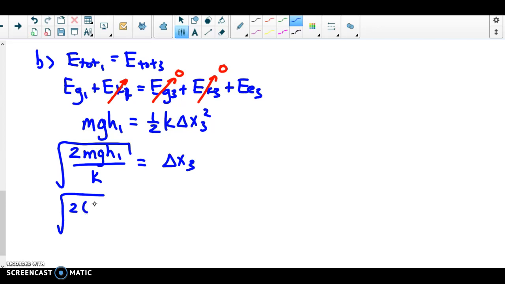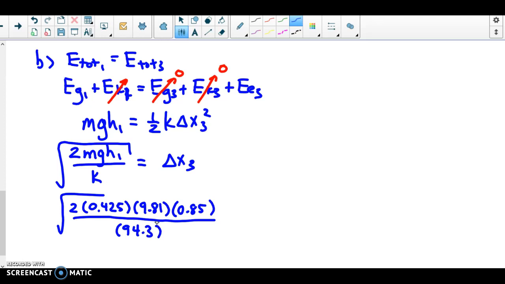The mass was 425 grams, but I need that to be in kilograms. Not a bad idea to show this as a separate step, which I'm not. The height is 0.85 meters, and I'm going to divide that by the spring constant, which is 94.3 newtons per meter. And that's equal to delta x.